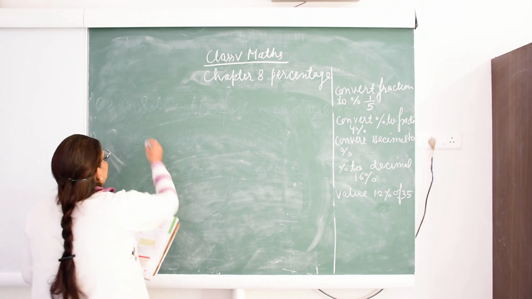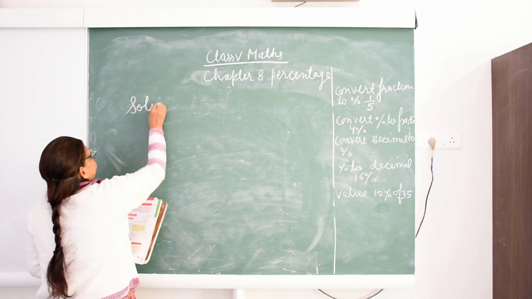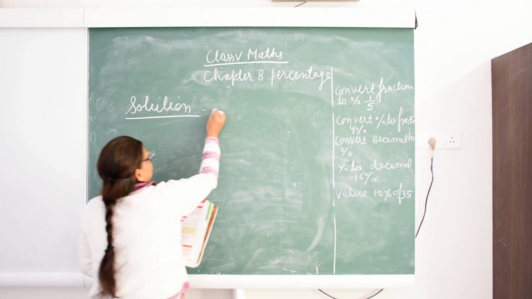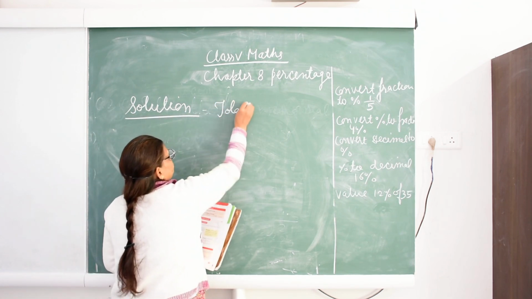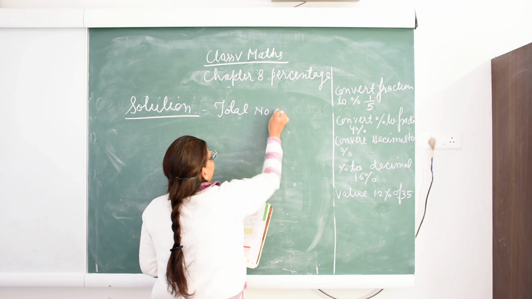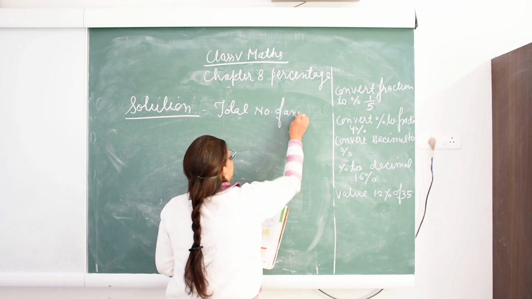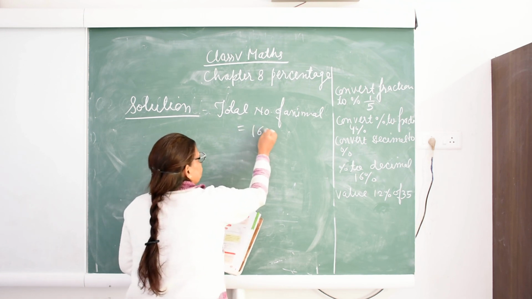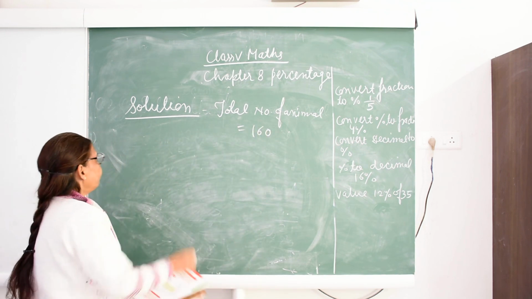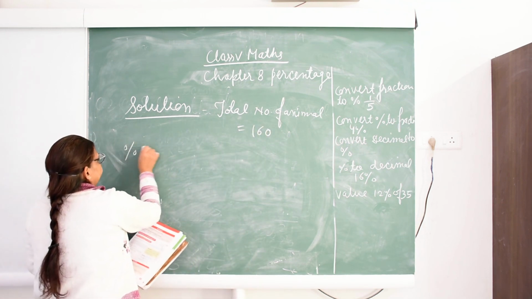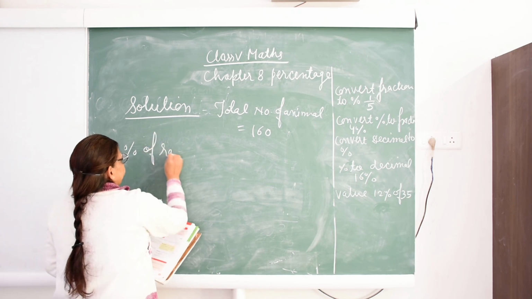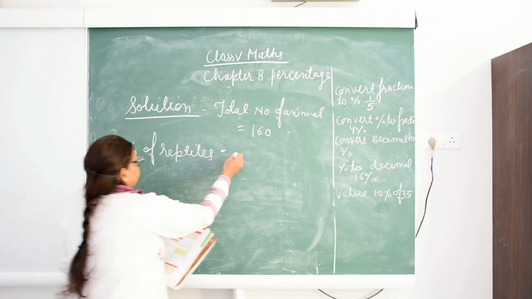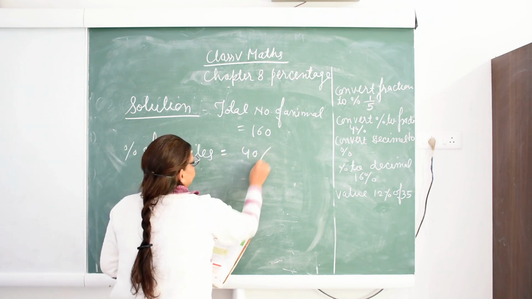So total number of animals is equal to 160 and percentage of reptiles is 40%.